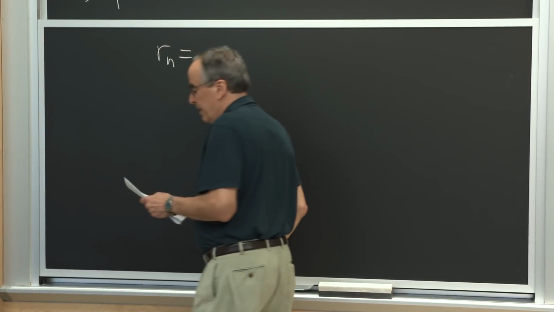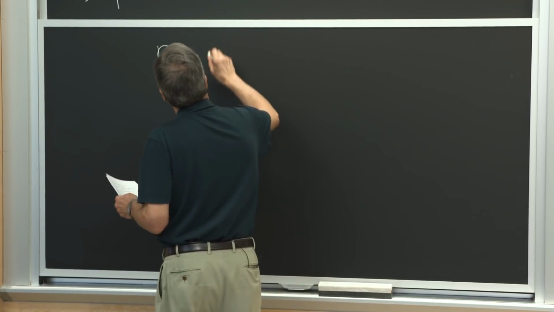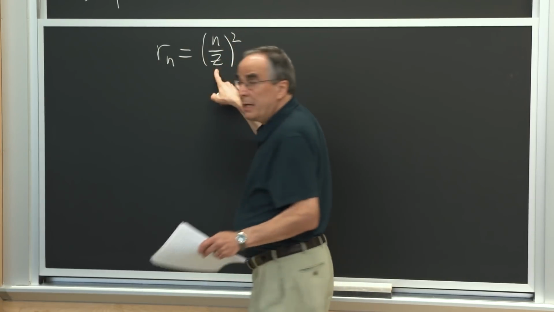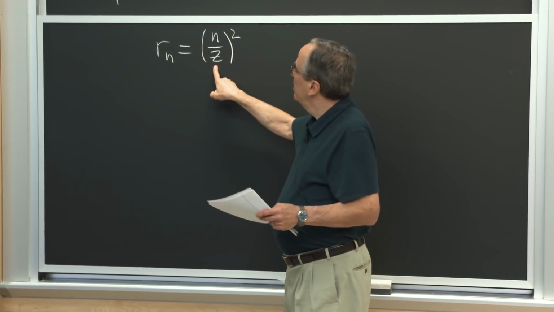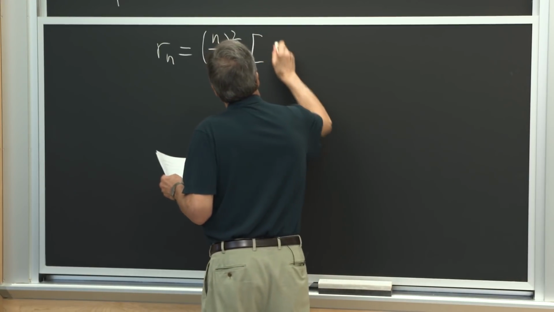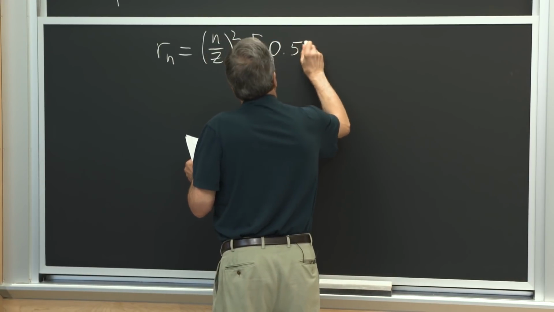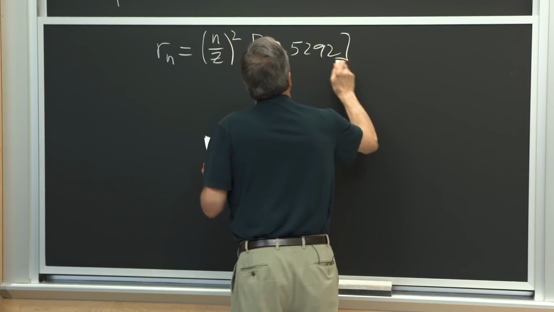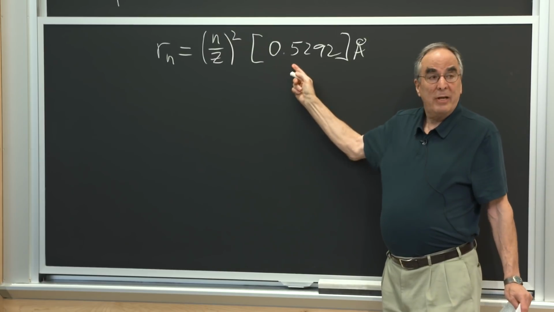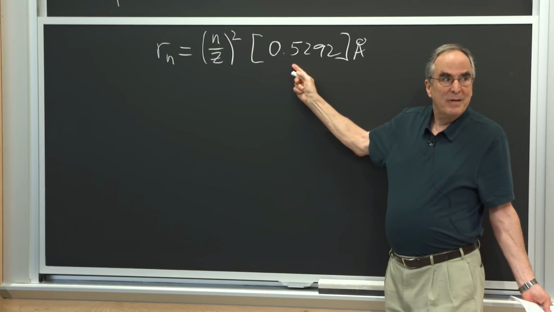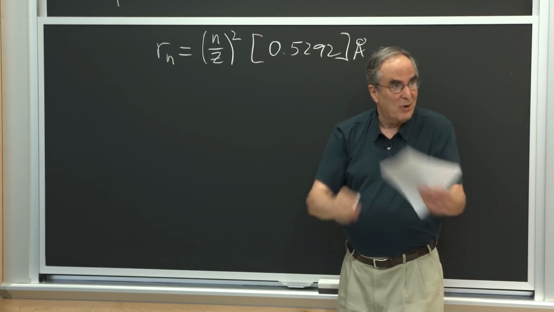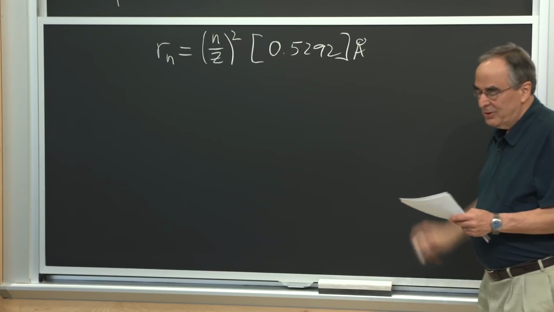The radius of a Bohr orbit is given by n squared over Z, where Z is the integer charge on the nucleus, times 0.5292 angstroms. So half an angstrom is the radius of basically any atom. And as the charge on the nucleus gets bigger, the radius gets smaller. This is a very useful thing.